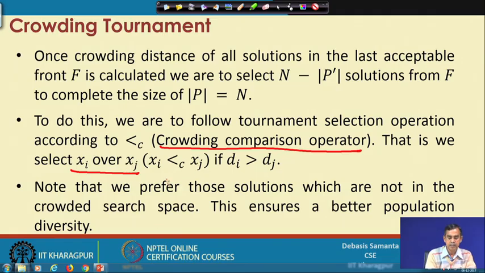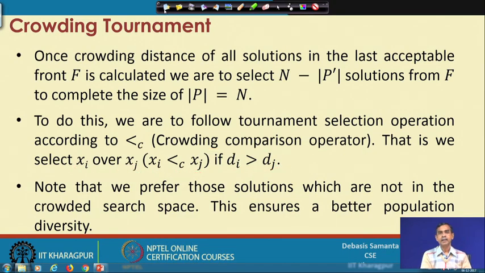Here xi will be termed the winner if its crowding distance di is greater than dj. This is the crowding operator here, and all the solutions belong to the same rank. That is why you don't have to bother about rank.